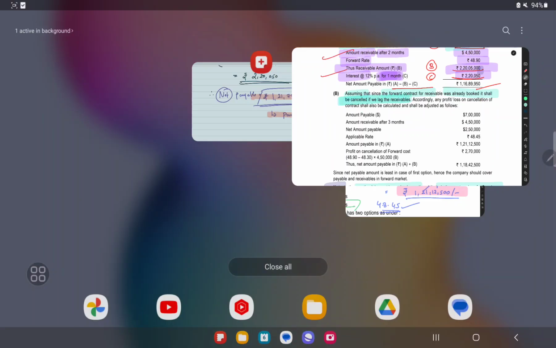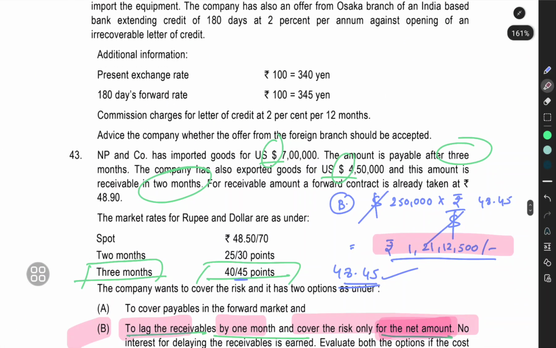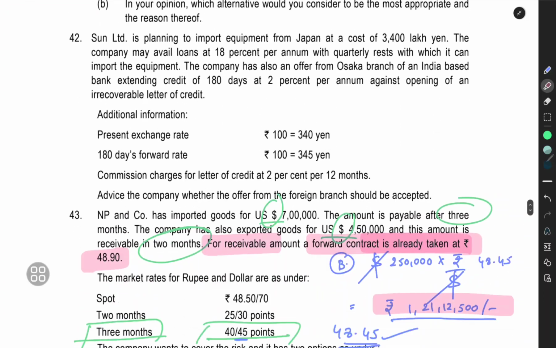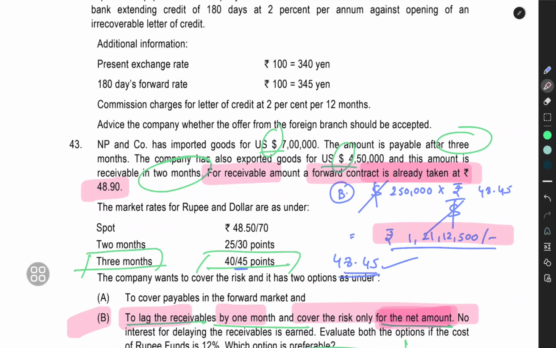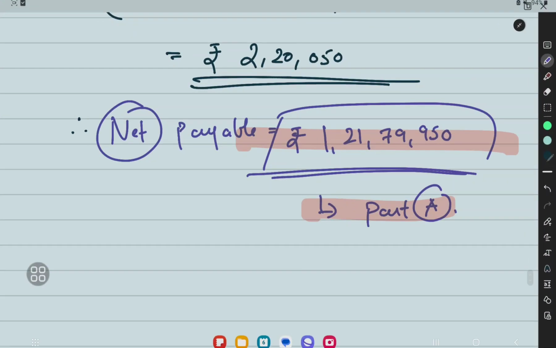The question has been extremely clear in this part that for the receivable, a forward contract is already taken. They've booked the forward contract. So since they've already booked it, we will first have to cancel this forward contract. We had not done this part. Let's do the cancellation part here only.